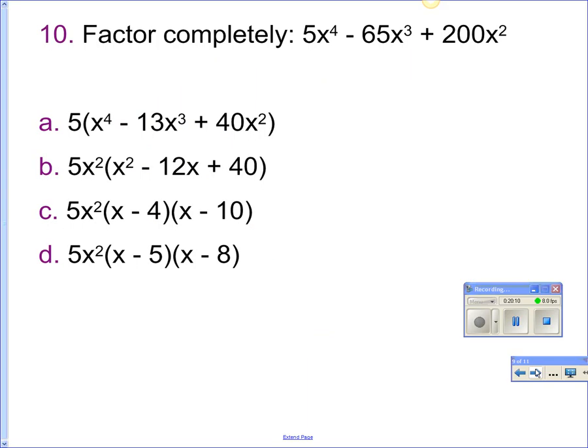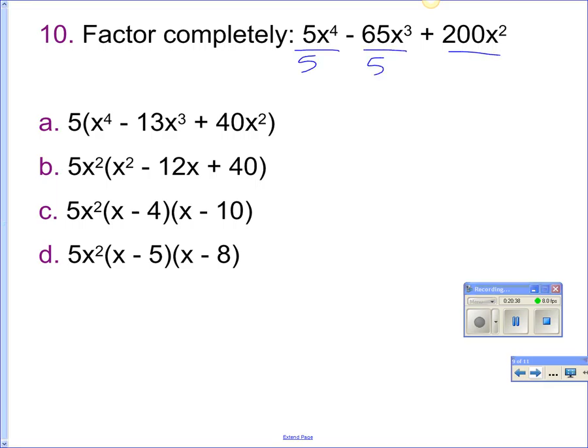All right. Number 10 is multiple choice because it's a crazy looking problem, okay? But let's go through it together. Guys, you got 5, 65, and 200. I know those are big numbers, but what goes into all three of them? 5, okay? Remember, 5 is going to go into any number that ends in a 5 or a 0, okay? So 5 goes into all of them.